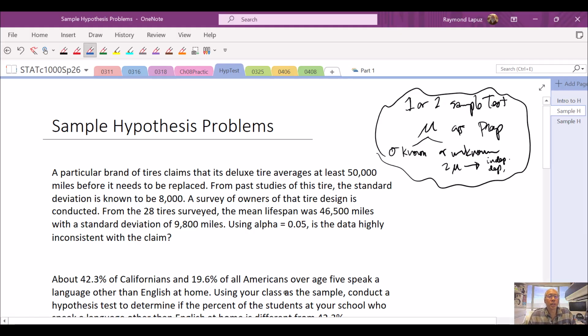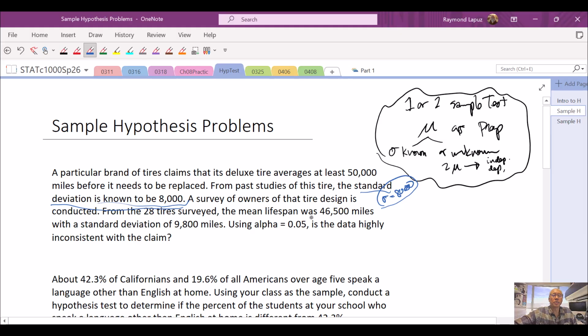A particular brand of tires claims that its deluxe tire averages at least 50,000 miles before it needs to be replaced. From past studies, the standard deviation is known to be 8,000. So the standard deviation known to be 8,000 looks like that is a given sigma. So sigma is equal to 8,000. As we're reading that, we're just going to take this note.